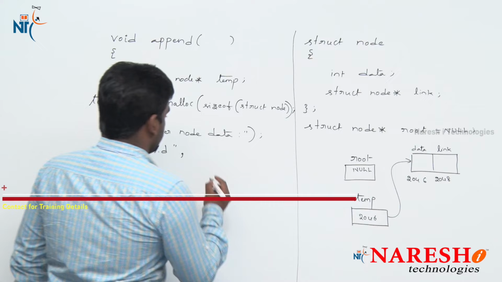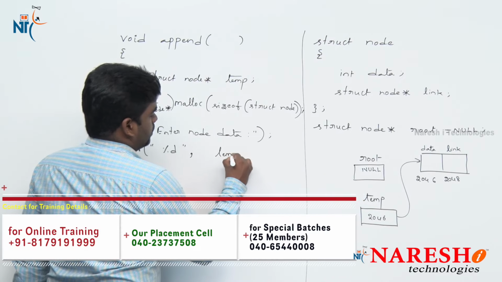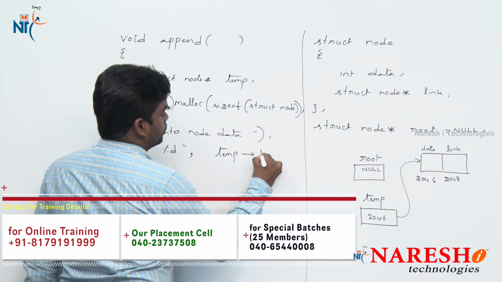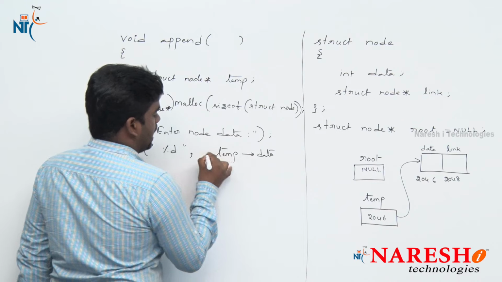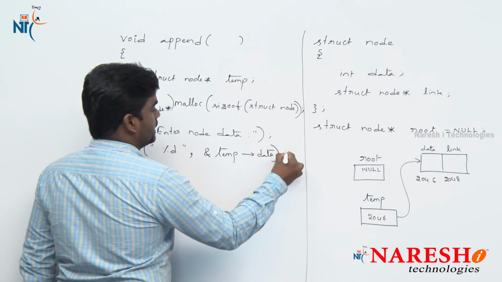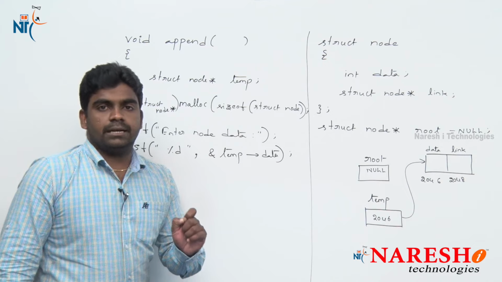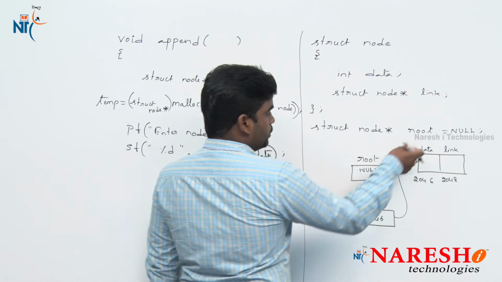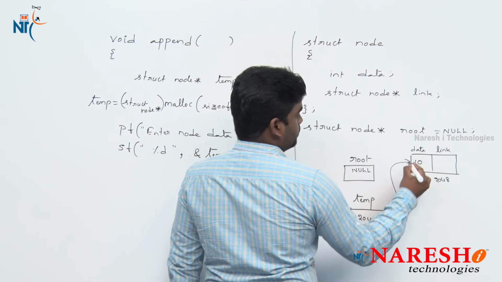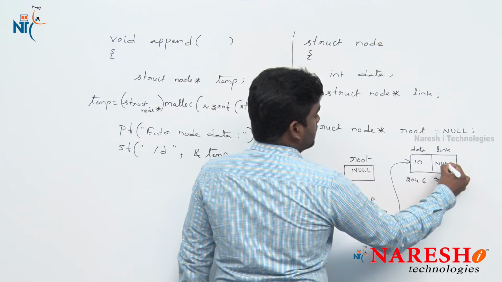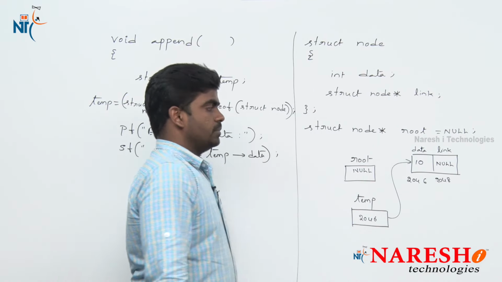So here temp to data address, this is reading the information. Just consider if they give 10, then 10 will be collected into this location. Next, here I want to place a null value.